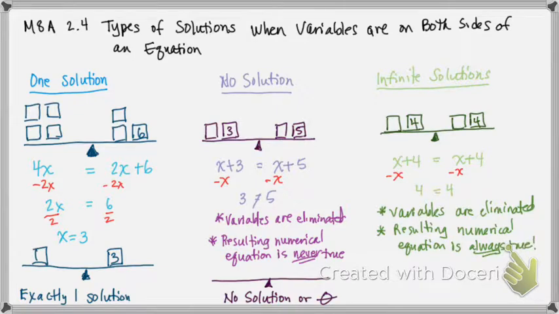Okay, so if I drew a picture of the situation, we have a balance point, and we have a mystery box, and it balances with the mystery box. Okay, so how we would write the answer is we would say all real numbers.